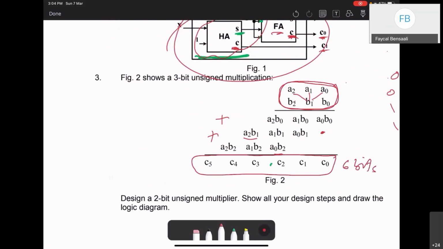So in the general case, if you multiply n bits, the result is 2n. If you multiply two values of 8 bits, the result should be 16 bits.